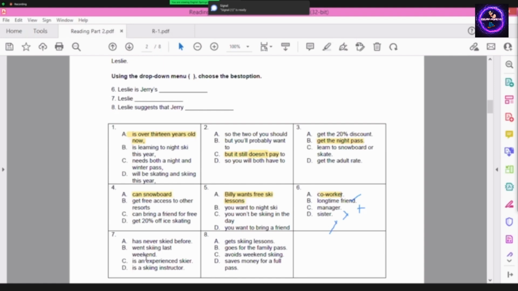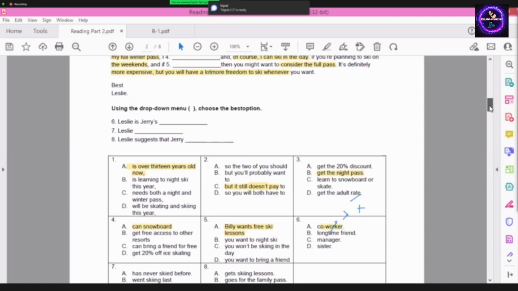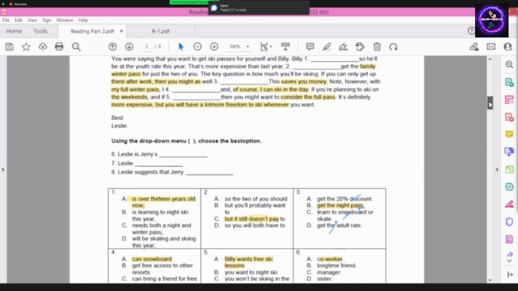Is a skiing instructor. I'm not thinking he's a skiing instructor. Because somewhere he's suggesting he's an experienced skier. One second.